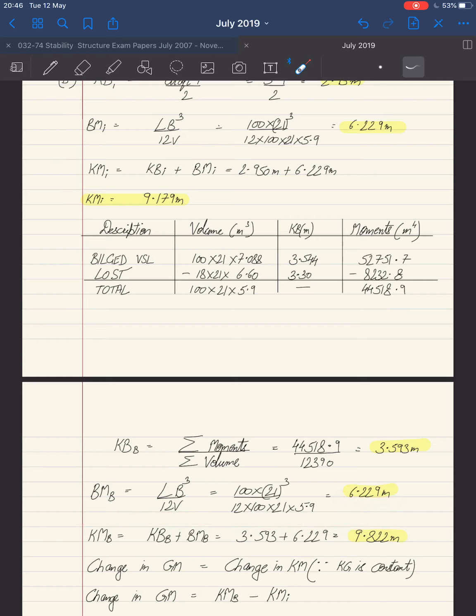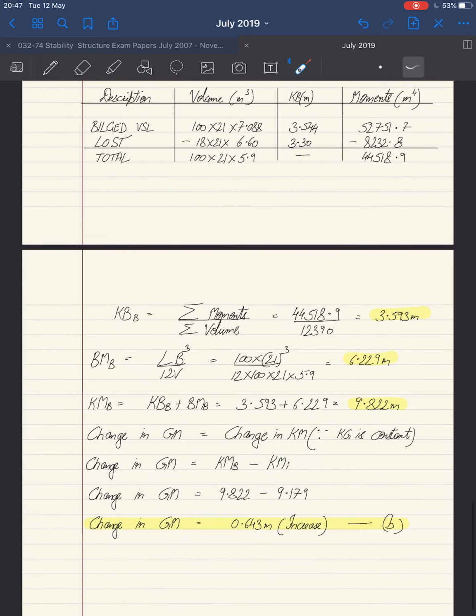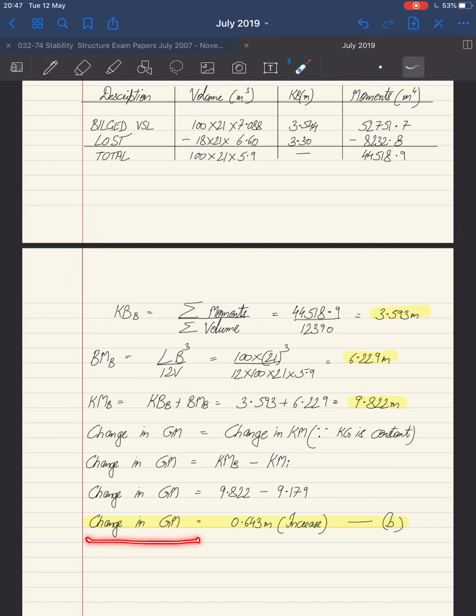So we can write it as any change in KB is equal to change in GM. And if we solve by this method, that is also acceptable, provided we give an explanation that there is no change in BM because of no change in water plane area. So the final answer is change in GM is equal to 0.643 meters, which has increased. And that's the answer for part B of this question.